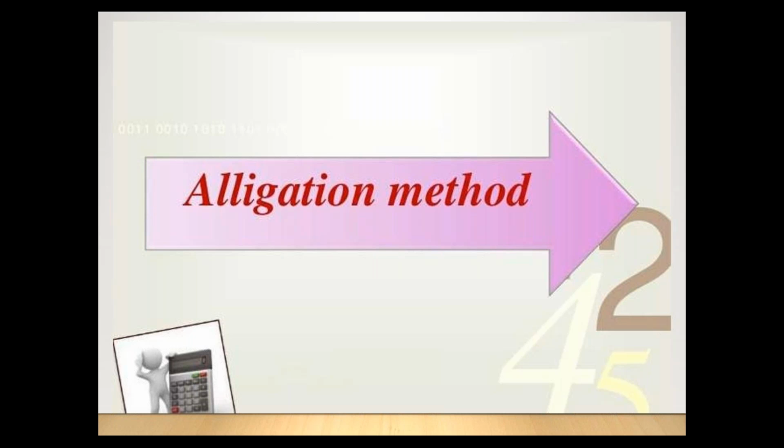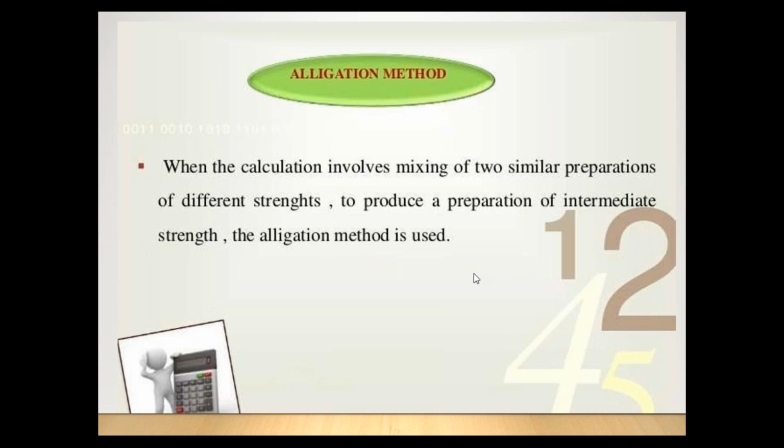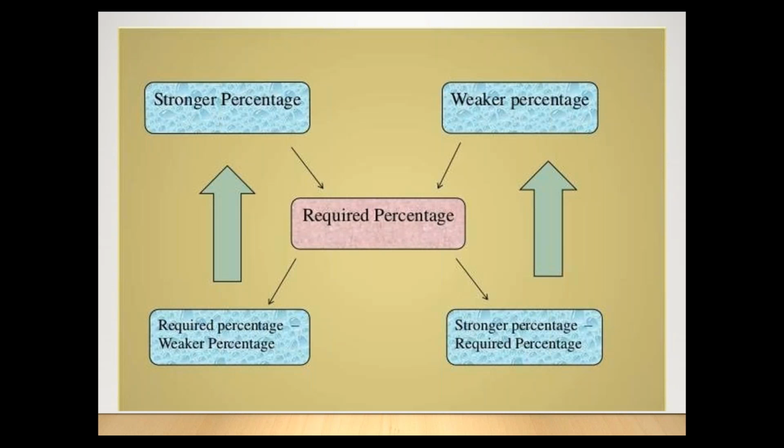This method is usually used for checking the calculations. So as I said, it is for mixing two similar preparations of different strength, one could be strong, the other a weaker strength, to produce a preparation of intermediate strength. So that time we are going to use the alligation method.